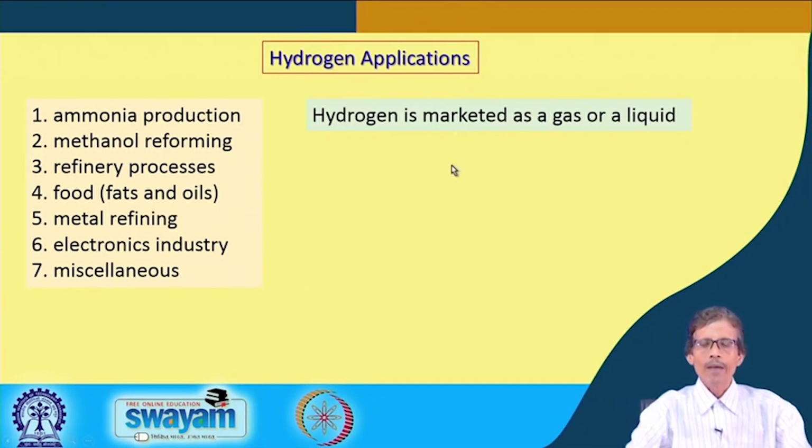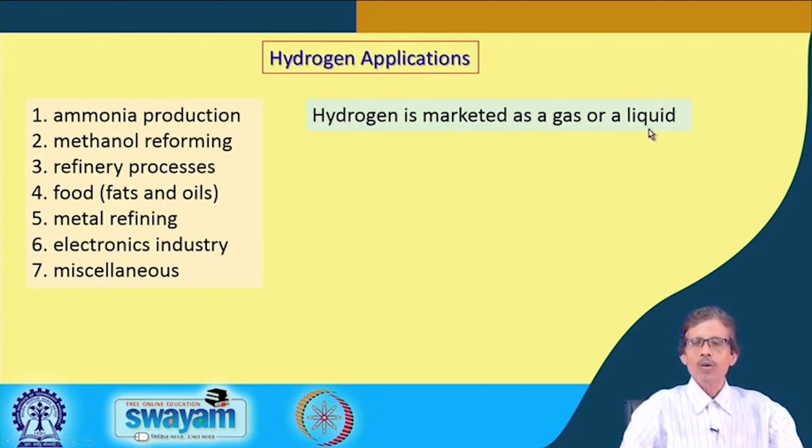So when we have hydrogen in the market as a gas or a liquid, we can get it as hydrogen in a cylinder or a direct supply of hydrogen from the source where hydrogen is being produced as a gas. So either it is liquefied or as gas we can directly use it. For example, for hydrogenation reactions, sometimes these reactions take place at a higher partial pressure of hydrogen compared to atmospheric pressure, in the presence of some catalyst, say Raney nickel.